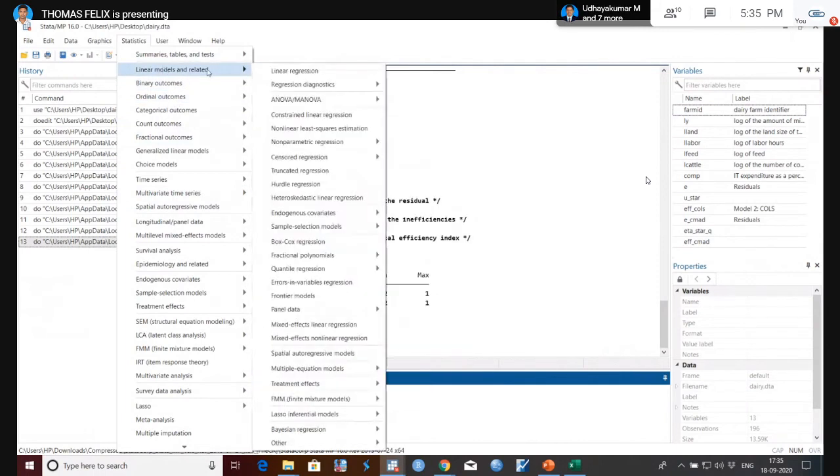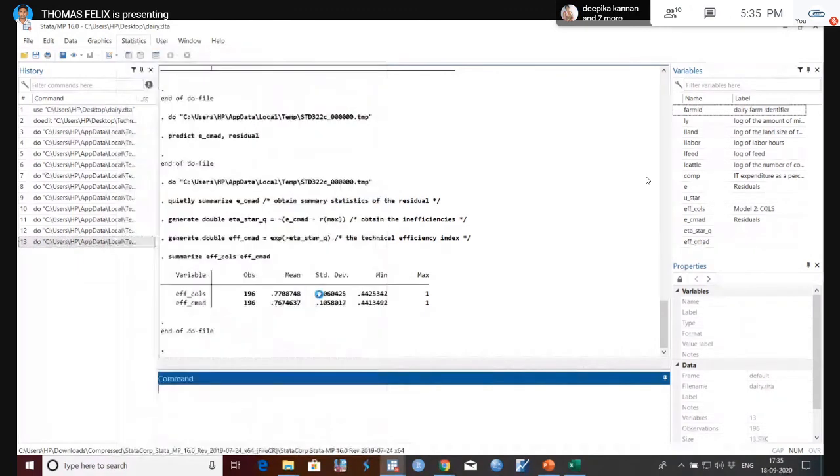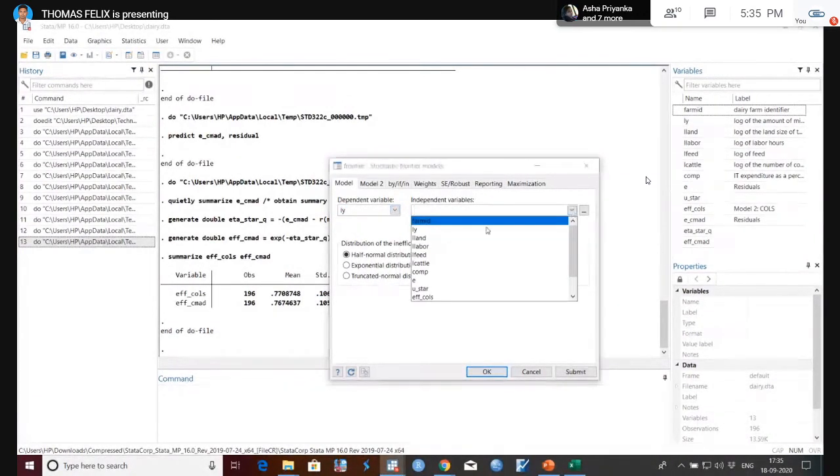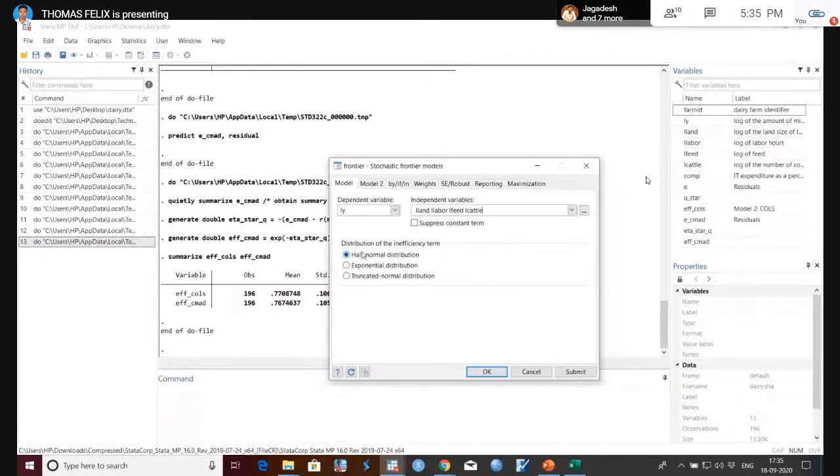First you have to go to the linear model and related models. Under this, there will be a frontier model. By clicking the frontier model, you have to give the dependent variable and the independent variables. As I said, three different distribution approaches are most widely used to calculate the technical efficiency.